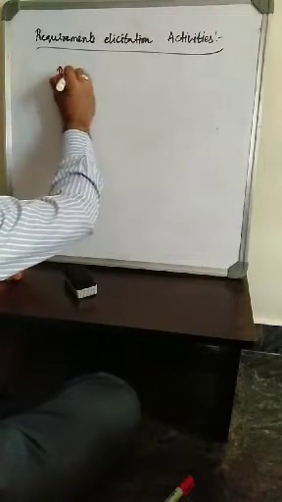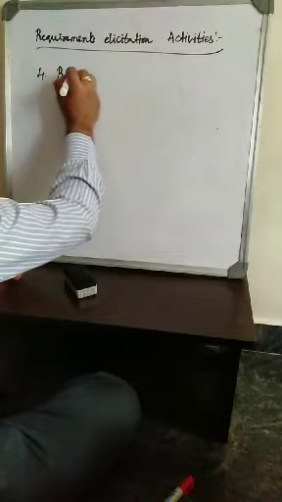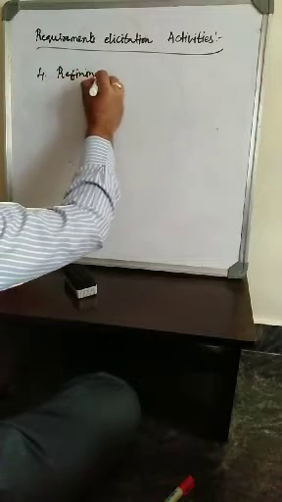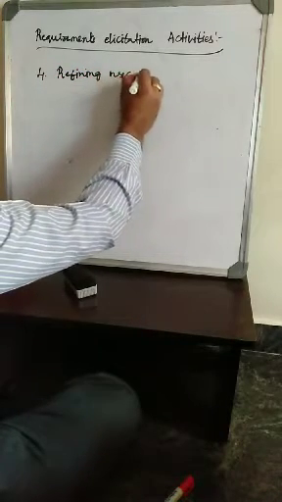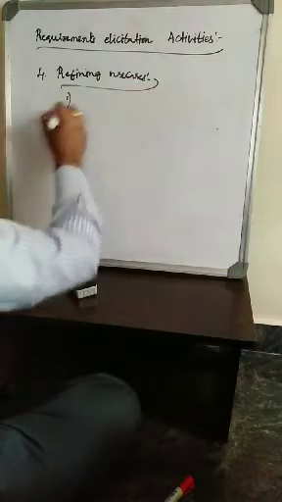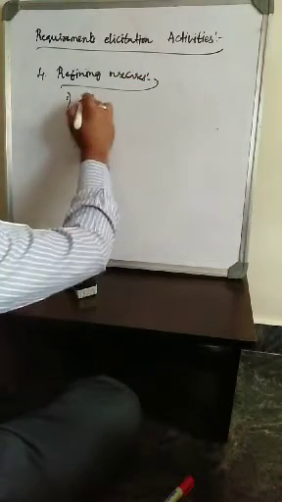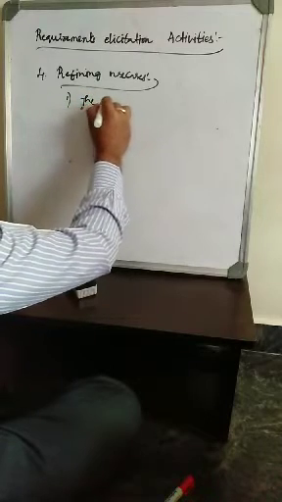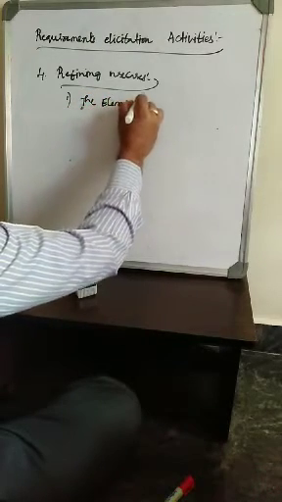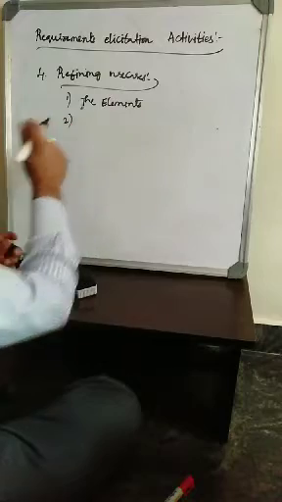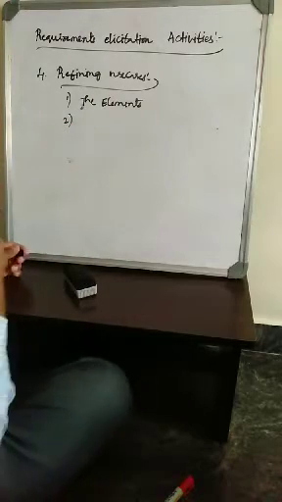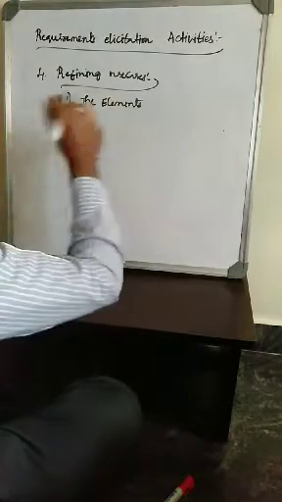The first one is the elements of the system. It may be the elements included in the transaction, or any activity or particular thing.